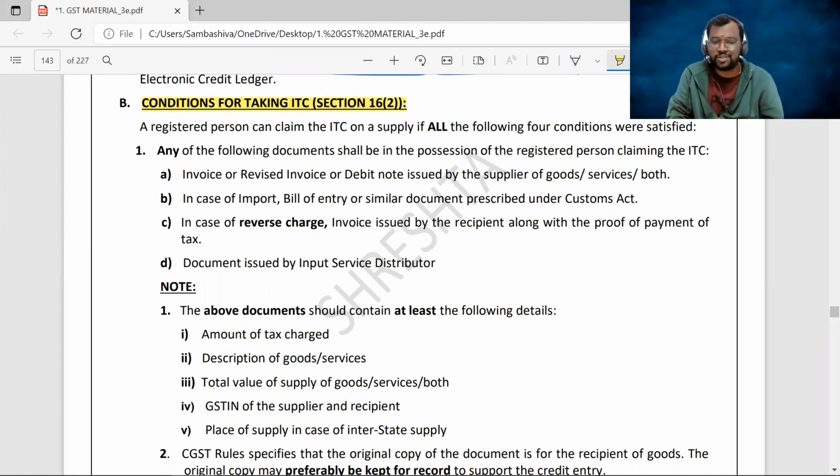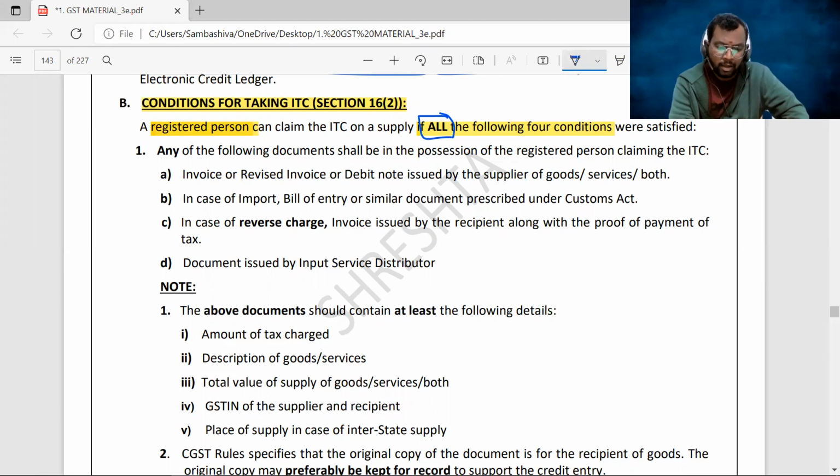Section 16 subsection 2 deals with the conditions. The first condition is that the person who would like to avail the input tax credit must be a registered person. A registered person can claim the input tax credit on a supply if all of the following four conditions are satisfied.